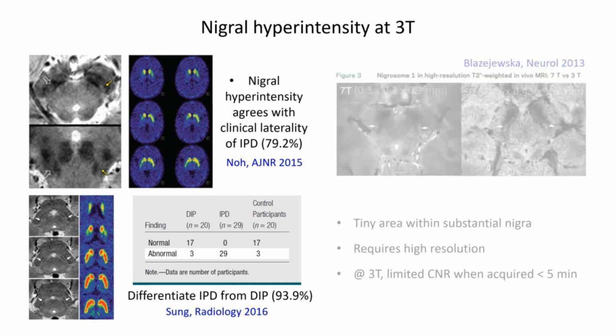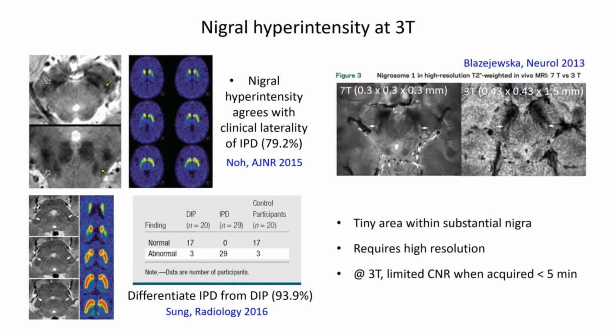Well, the challenge back then is that not everyone has 7T, and even Seoul National doesn't have 7T. So I got a lot of requests about what we can do using 3T to detect this hyperintensity in a reliable and stable way. If you think about the structure, substantia nigra itself is a very small structure within the brain, and the one that we have to identify is an even smaller structure within substantia nigra.